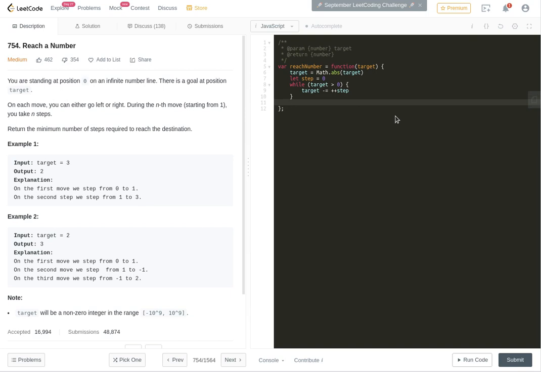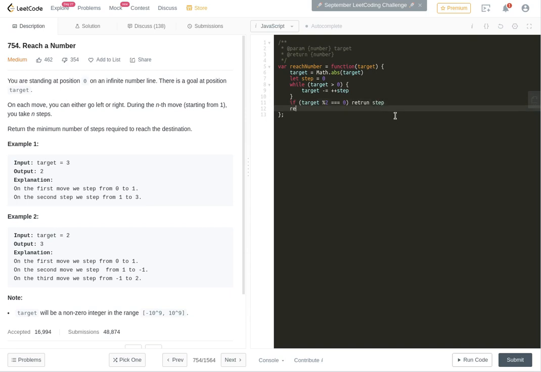So now if the target is even, so modulo 2 equal to 0, then we could just return the number of steps. So step.